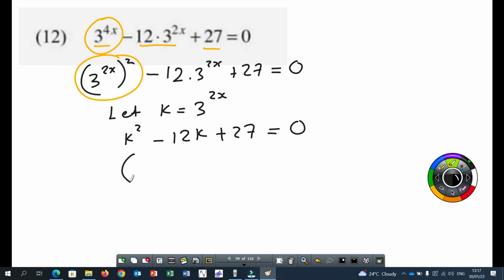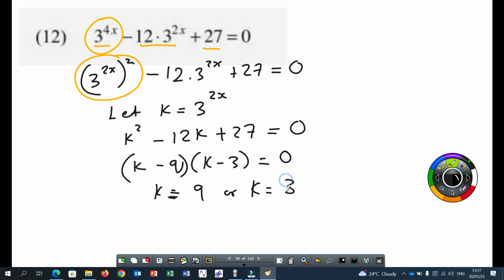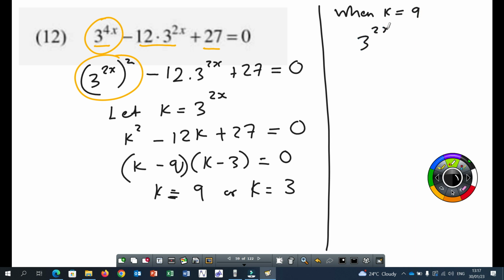Okay, so this will be k minus 9 times k minus 3. So you get k equal to 9 or k equal to 3. Now it's easy. Then when k is equal to 9, we'll get 3 to the power of 2x to be equal to 3 squared.